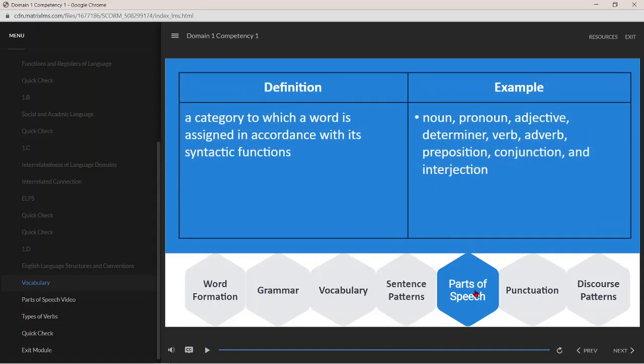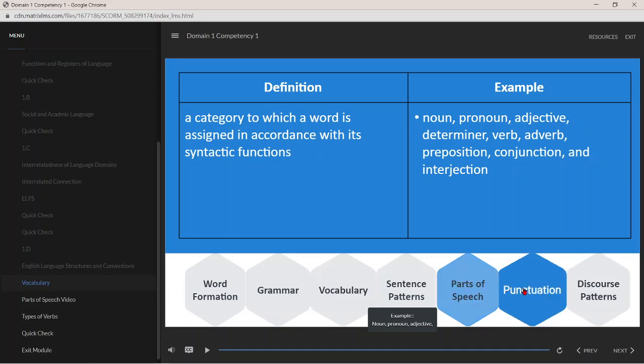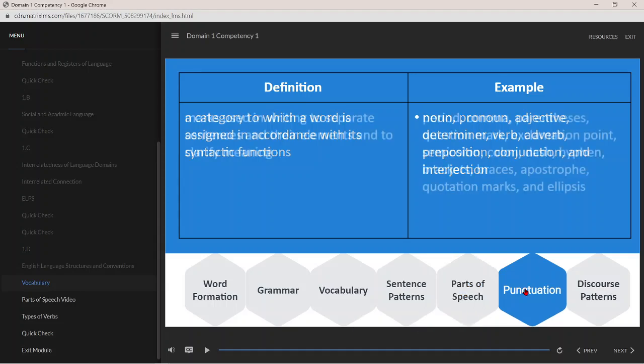Parts of speech. Definition: a category to which a word is assigned in accordance with its syntactic functions. Example: noun, pronoun, adjective, determiner, verb, adverb, preposition, conjunction, and interjection. Punctuation.